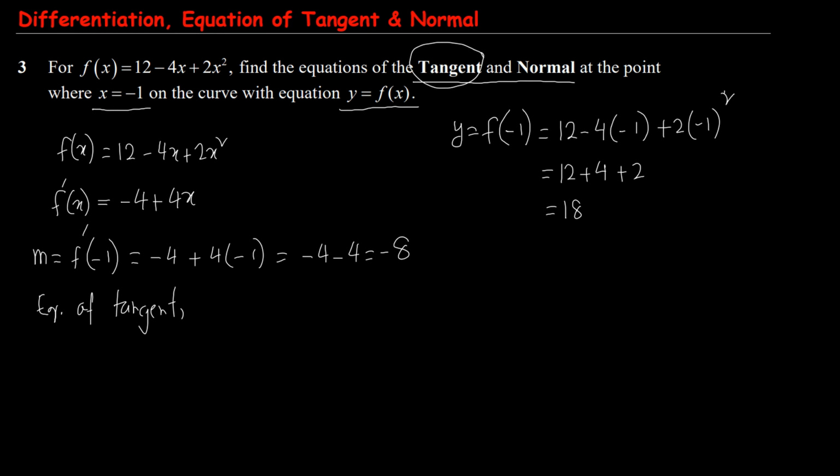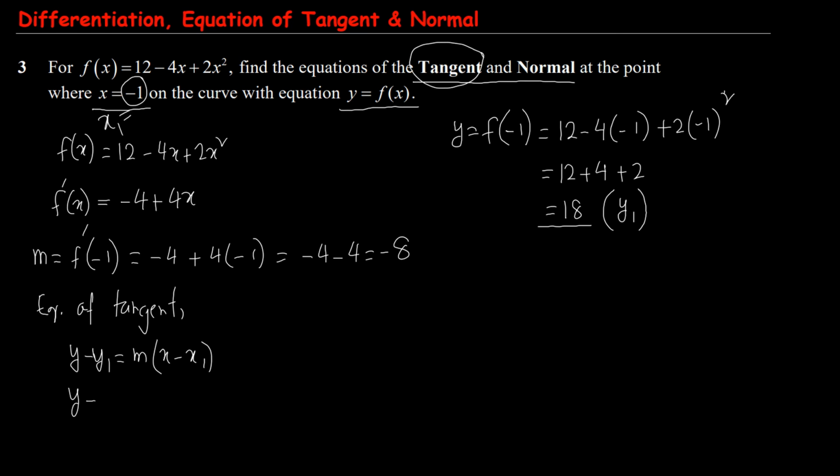Equation of tangent, the formula for that, let me write the formula first. y minus y1 equals m into x minus x1. So y1, we got the value of y1, which is 18. We need to consider that value as y1, and x value is given in our part which is minus 1, we needed to consider that value as x1, minus 1.